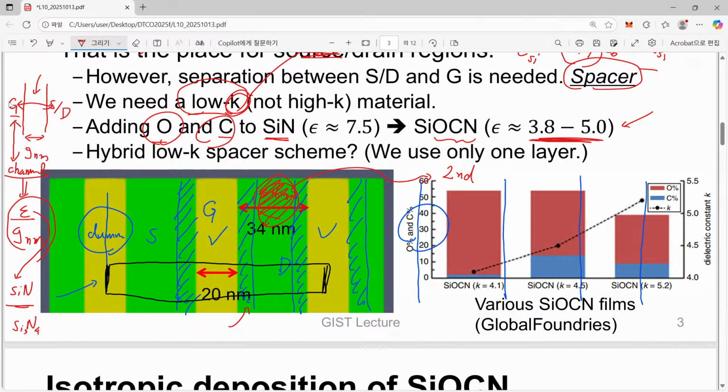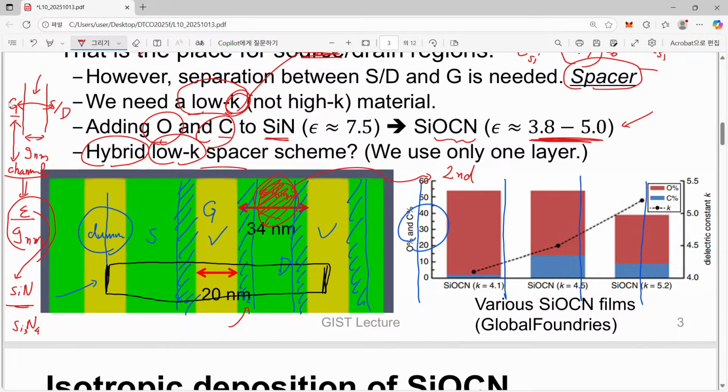Yes, you are right. Compared with this perfect silicon nitride, this one is not very suitable for spacer purposes in terms of mechanical strength. So what we do in reality is a hybrid low-K spacer scheme, which means that we introduce two different silicon nitride layers whose oxygen or carbon components are varying.